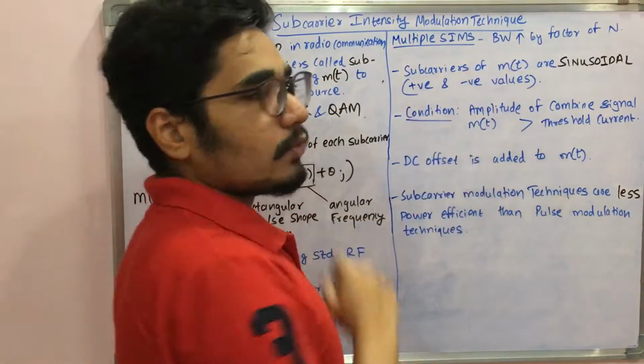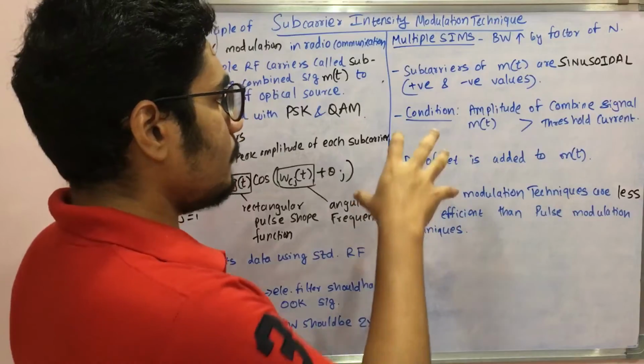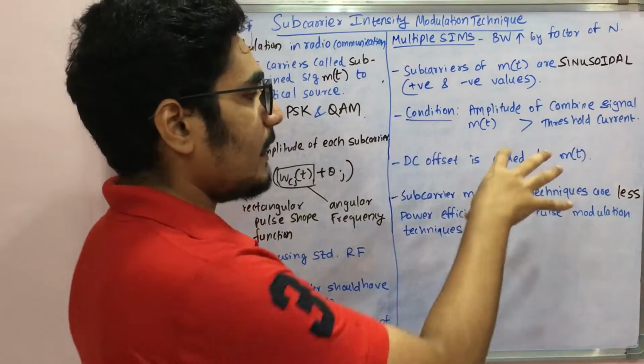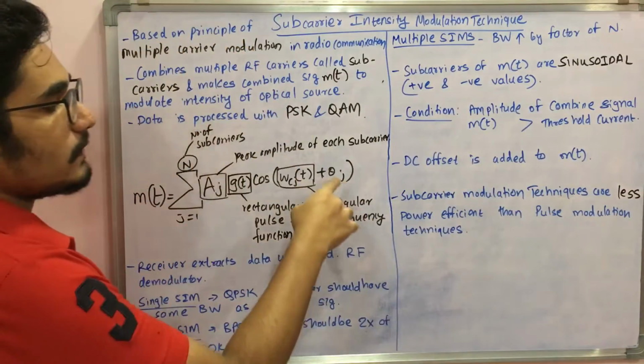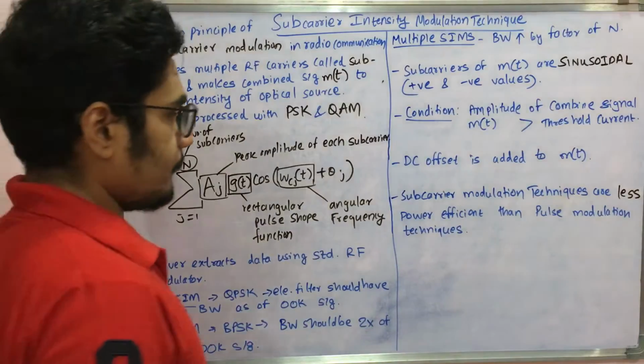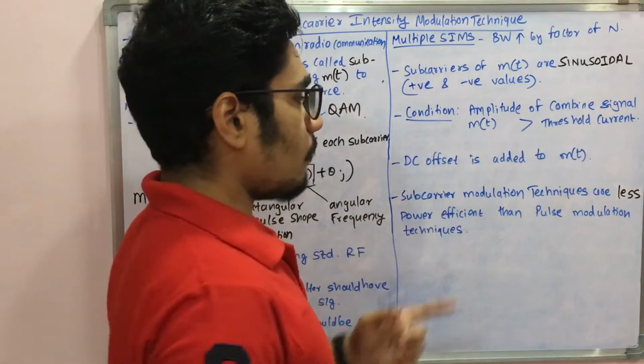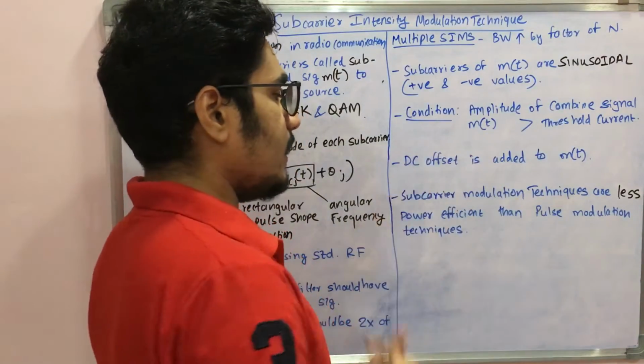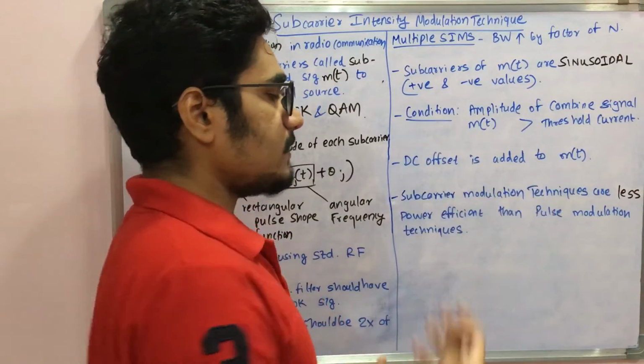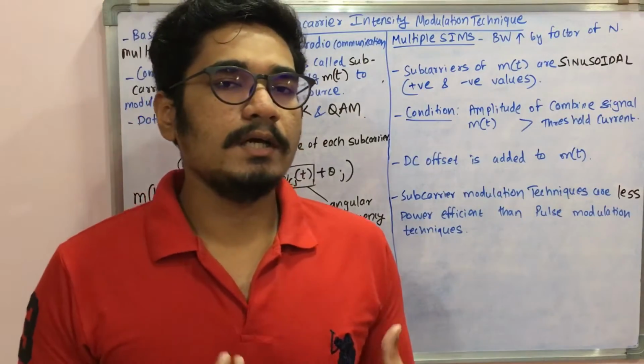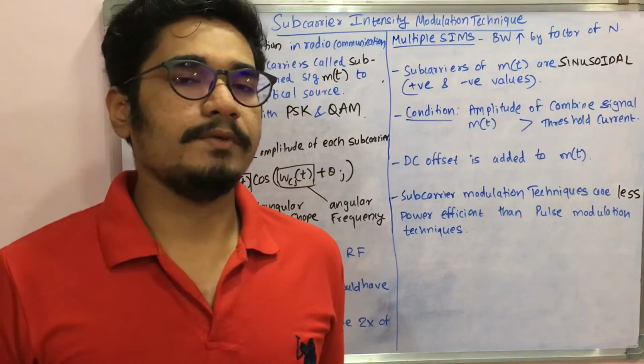Due to this condition, a DC offset is added to m of t, and that DC offset is theta j. Next, the subcarrier modulation technique is much less power efficient than the pulse modulation technique which we saw in the digital baseband modulation in the previous video.